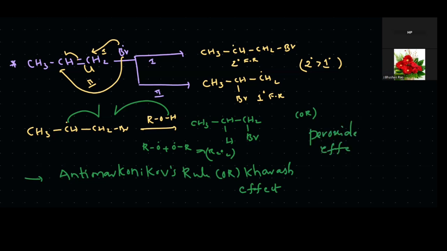Okay, based on these conditions, we will discuss a few examples. First example. What is the meaning of the anti-Markovnikov rule, Kharasch effect or peroxide effect? Generally, the bromine free radical always attacks the carbon with the more number of hydrogen atoms.